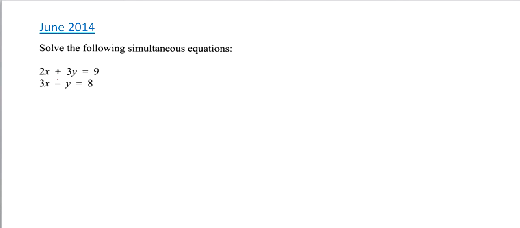We have to solve two simultaneous equations. So we label our equations 1 and 2. And we need to decide what we are going to eliminate. Okay. So we can either choose to eliminate x or eliminate y.